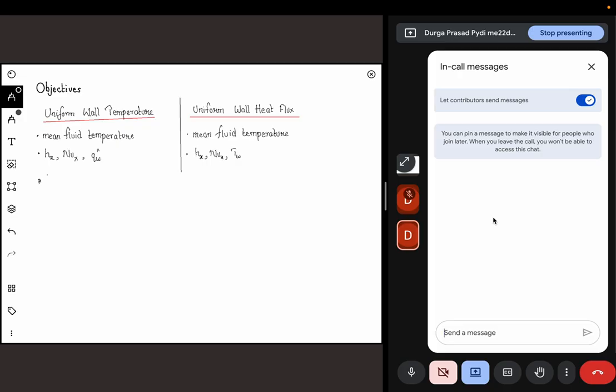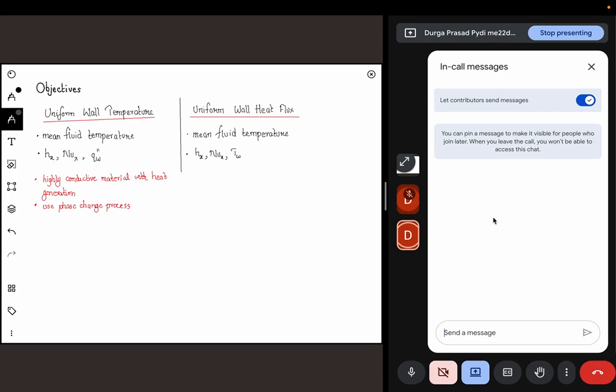So it's like, use a highly conductive material with heat generation. Either case, you will have constant wall temperature.